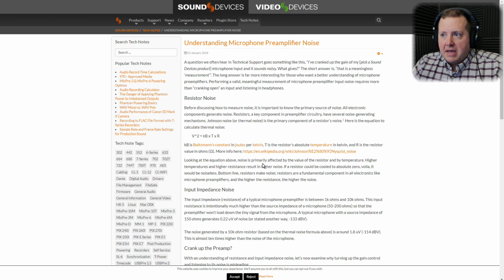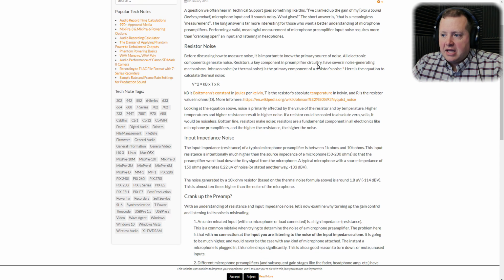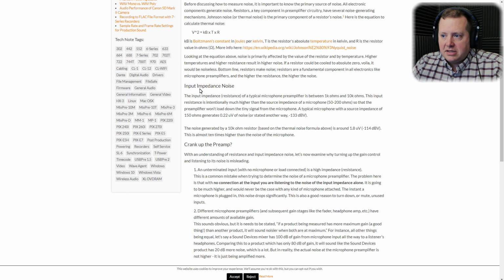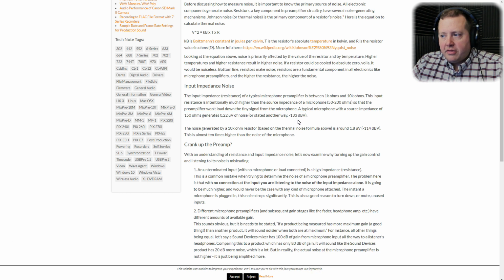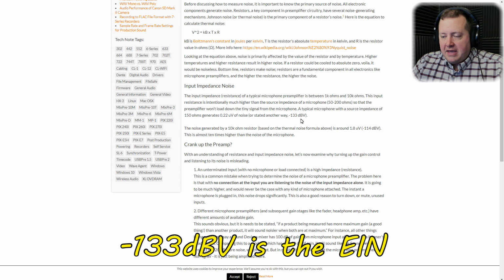Sound Devices makes a bunch of really awesome audio equipment. And one of the things it specifies inside of its technical sheets is why it uses the input impedance noise. And it basically goes over that. Inside this document, it tells you that 150 ohms generates negative 133 dBV.